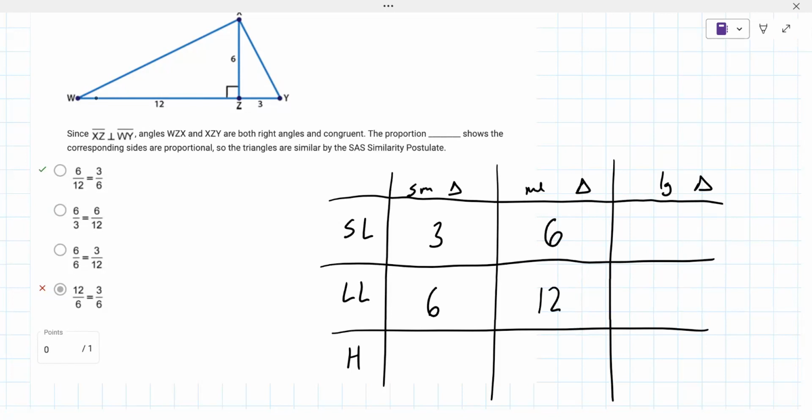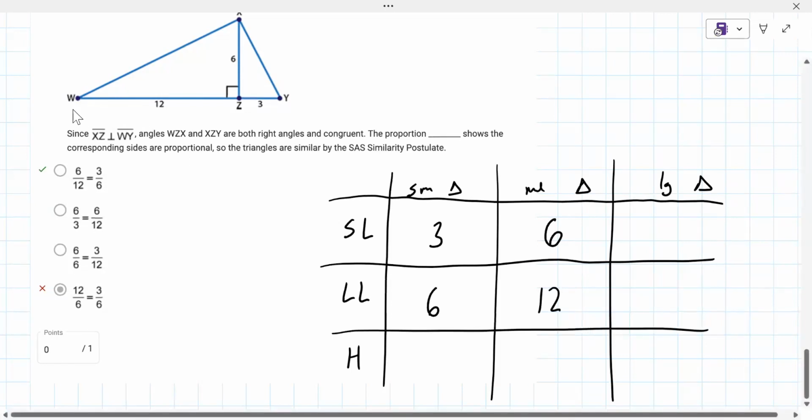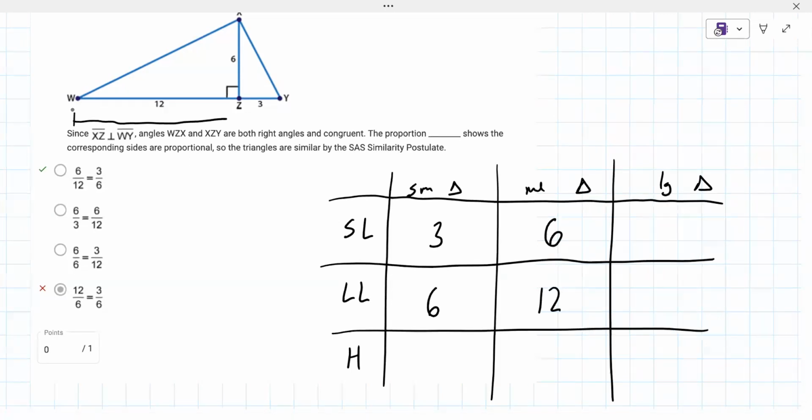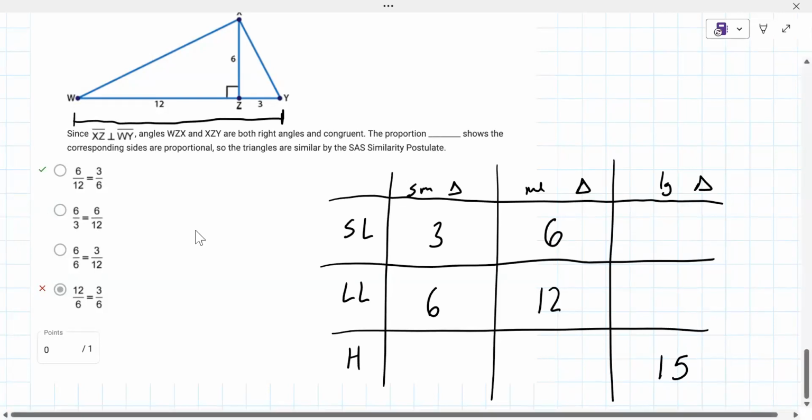Now, what else do we have? We actually know that the hypotenuse of the large triangle is 15. It's kind of an aside, but in terms of the proportion, it comes from this table. Normally you look ahead to see what you have and build a proportion based on that.